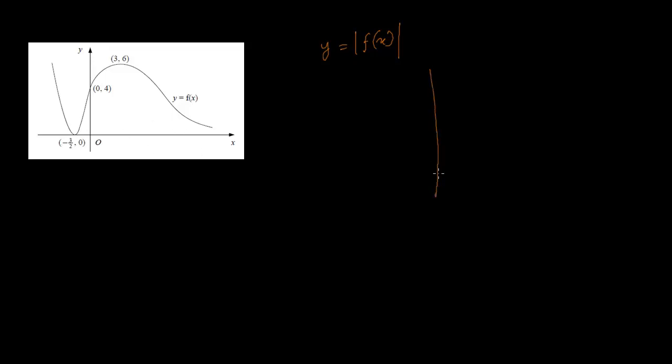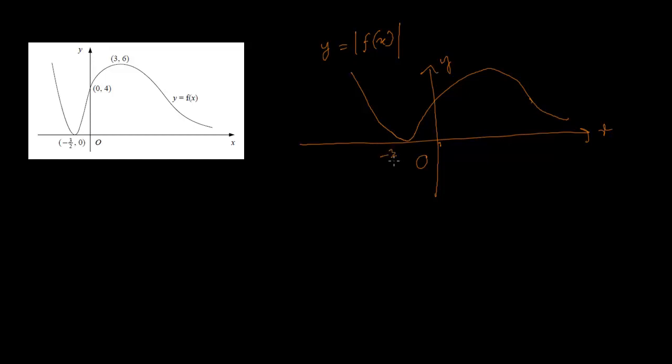So the sketch is just copy the sketch. In exams, oftentimes they give a sketch where you have to do nothing, but you have to remember the technique. So you just copy the sketch like this. So this is going to be -3, 2, this is going to be 0, 4, and this is going to be 3, 6. You have to do nothing at all.